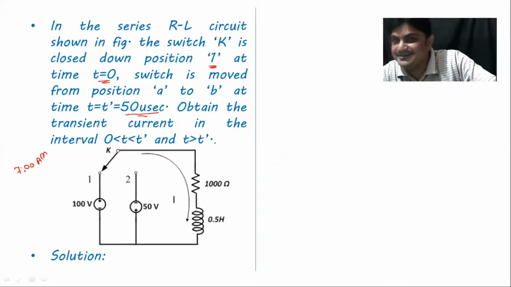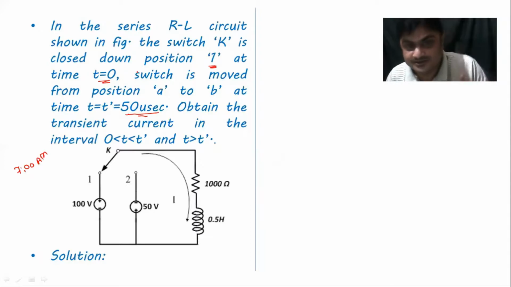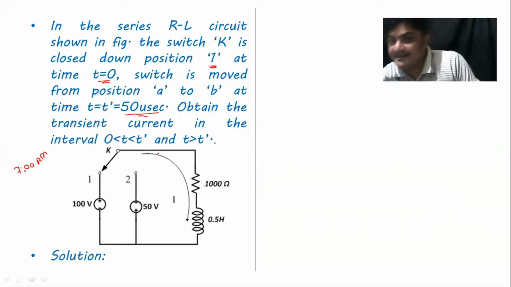But right now in this particular case, if you observe very carefully, we are closing the switch at time t equal to 0 only. So this is the switching time t equal to 0, and the inductor comes in contact with the energy, both are the same. This is synchronized. So you can say that the inductor will behave as an open circuit at time t equal to 0.